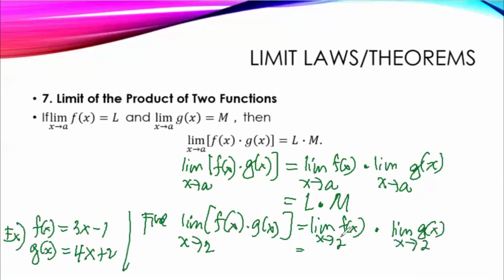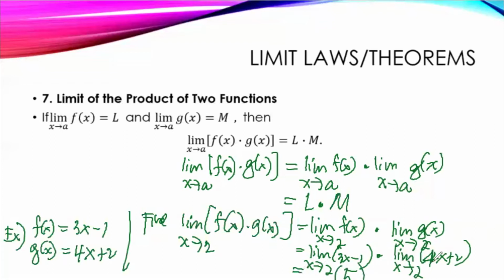And what is our f of x? The limit of 3x minus 1 as x approaches 2 times the limit of 4x plus 2 as x approaches 2. Take note that we just simply substitute. So 3 times 2 is 6, minus 1 is 5.